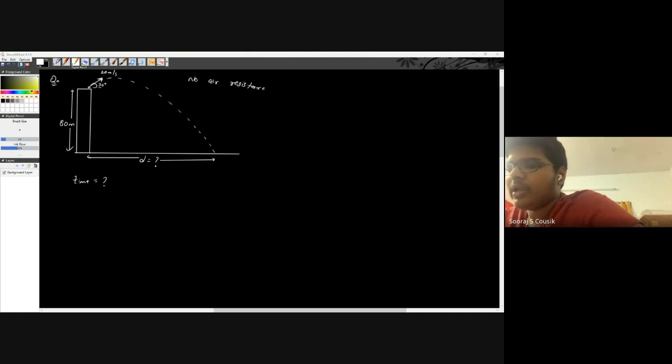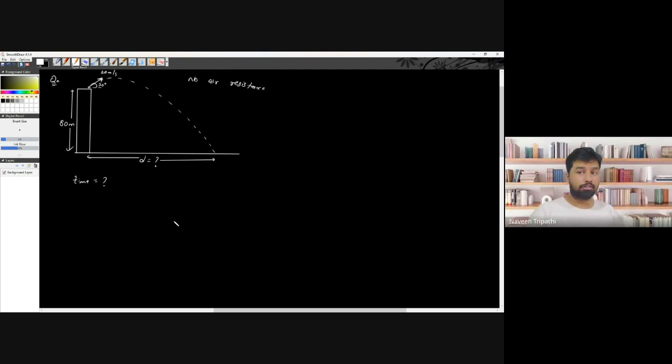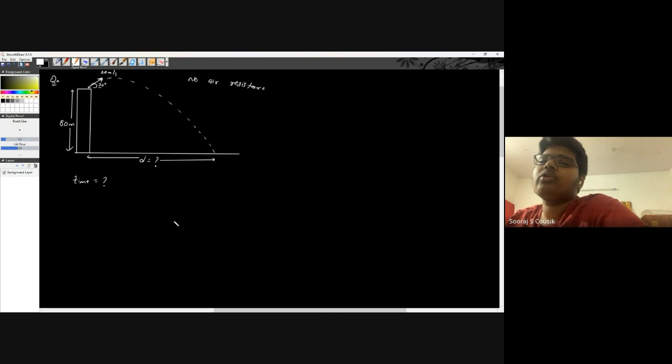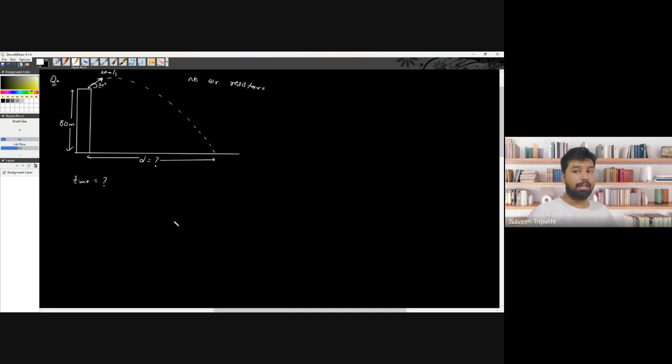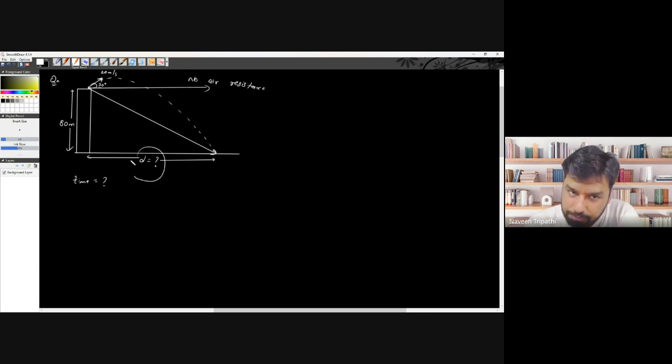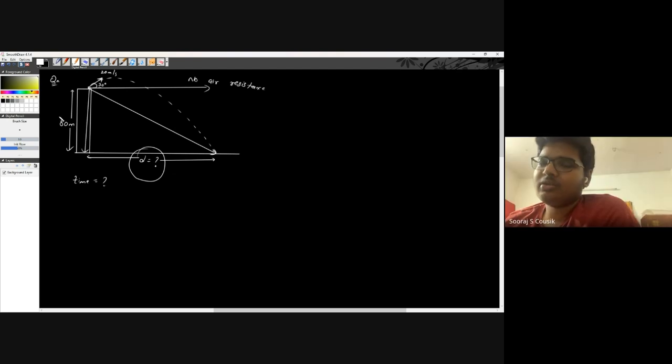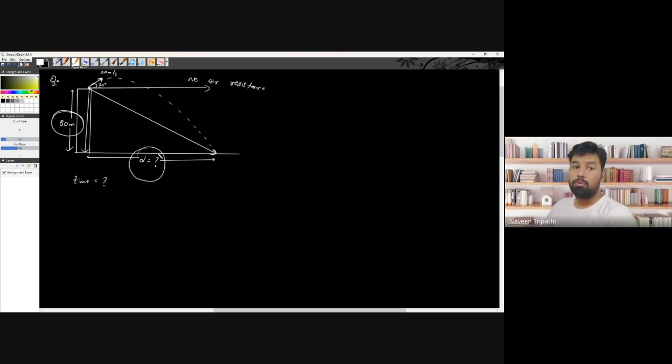Final displacement in Y I got is 85 meters. Hold on. Remember what I told you: displacement is the shortest path from initial to final position. So displacement will have two components, one which you have to find in X, and one which is already given, 80, in Y. What will you take for displacement in Y?